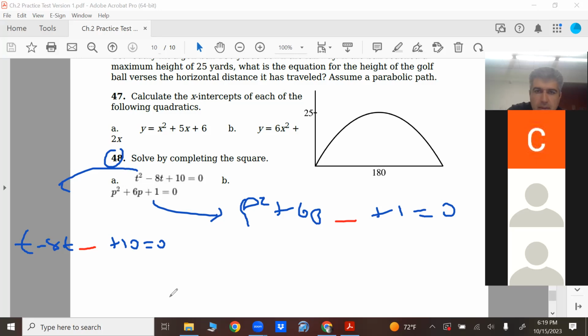Okay, so hopefully you're getting plus 16 because you got to take half and square it. So you have to add 16 here. Half and square it.